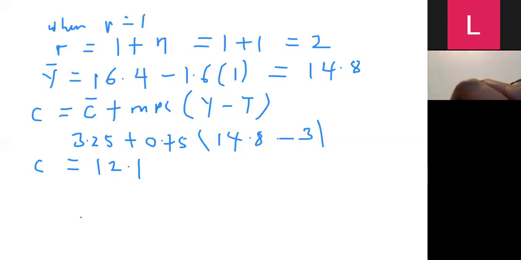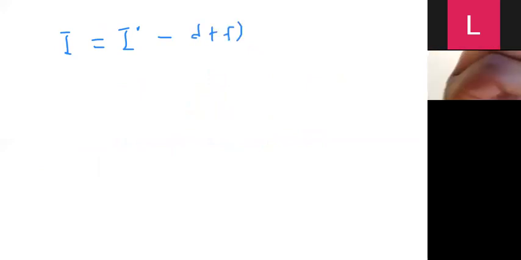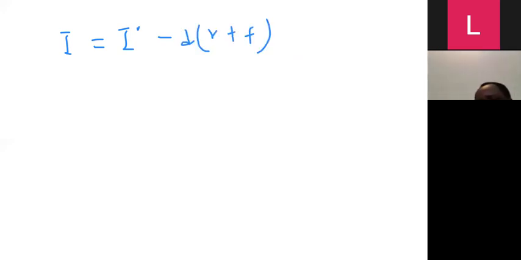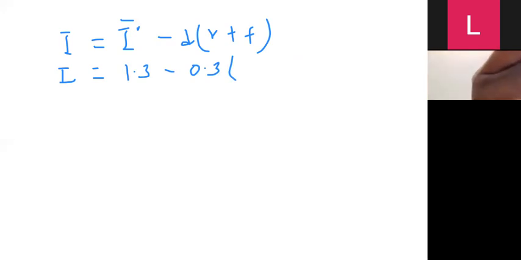What is the formula for planned investment? The investment formula is I equals the autonomous part of I minus D into brackets R plus F. The autonomous part was given as 1.3, minus D, which is 0.3, into brackets R, which we now know is 2, plus F, which is 1.